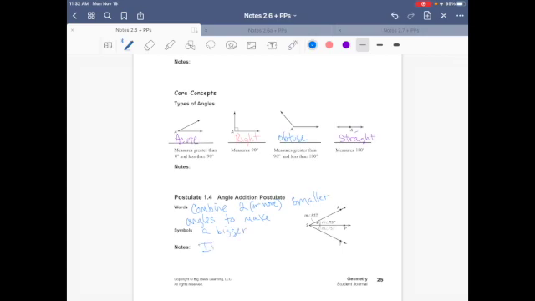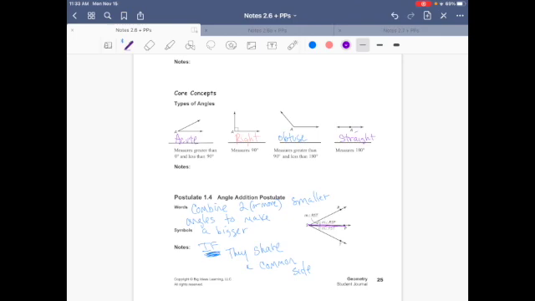If, and this is a big if, they share a common side. So I've got two angles, RSP and PST, and they share this common side SP. They both have SP in them.